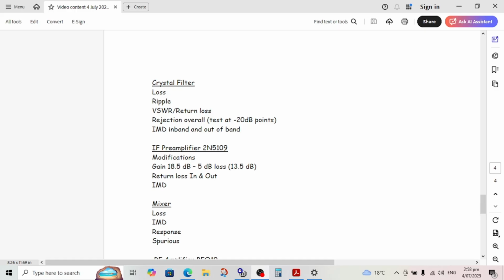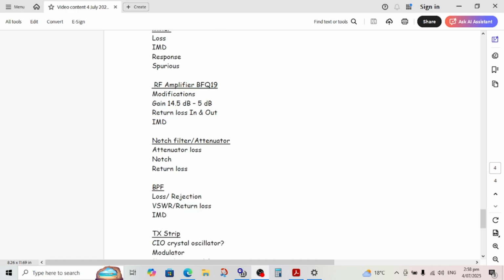The RF amplifier uses a more modern device, an SMD device, and this has additional modifications to the original amplifier to make it stable at HF frequencies. The tests will be very similar to the IF preamplifier.